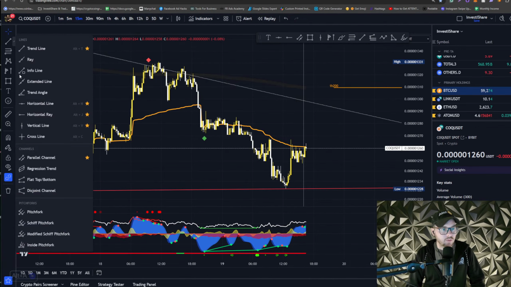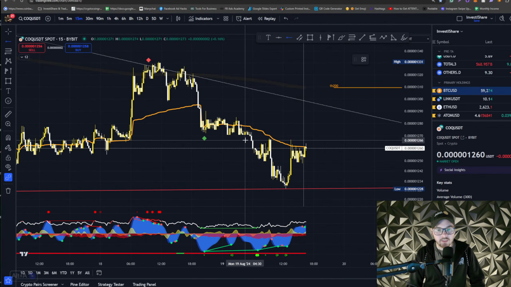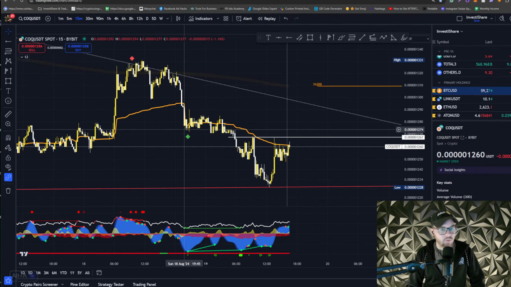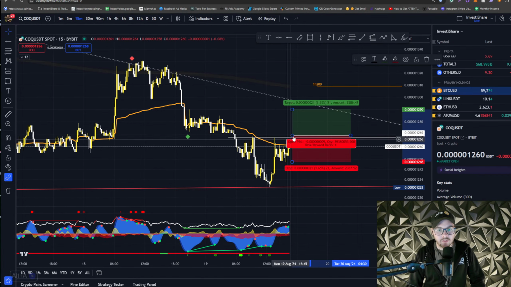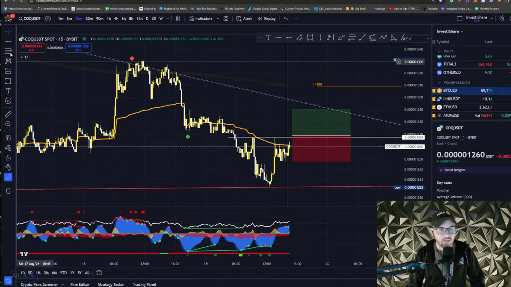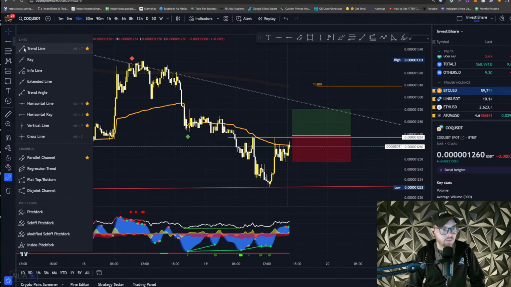So we have local resistance here. If we break this area, we can have a position similar to that.